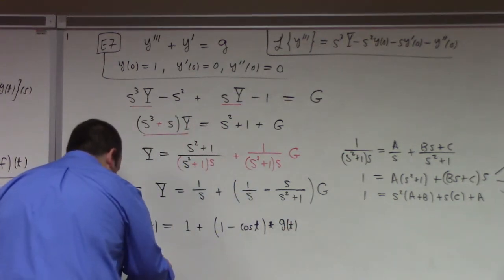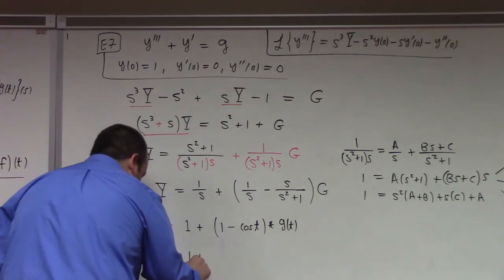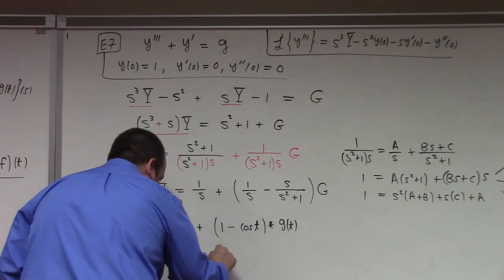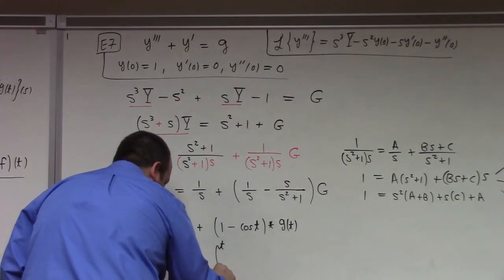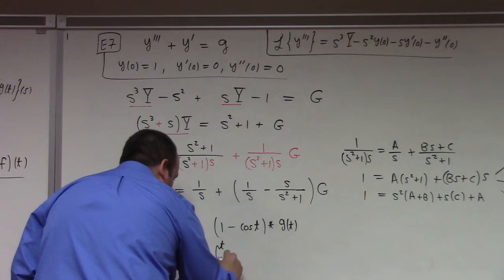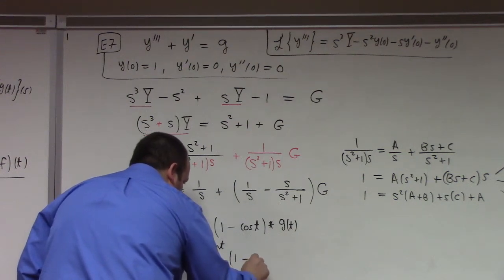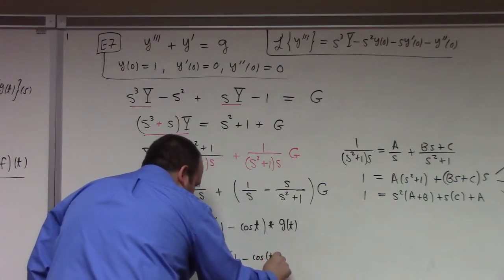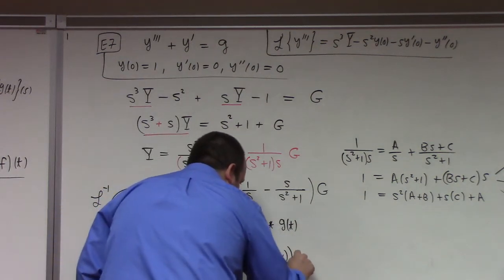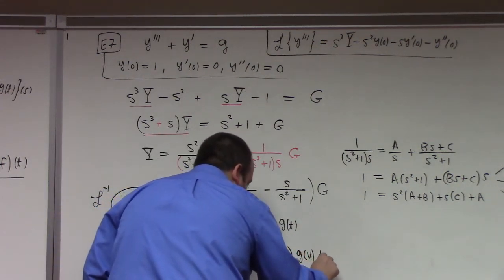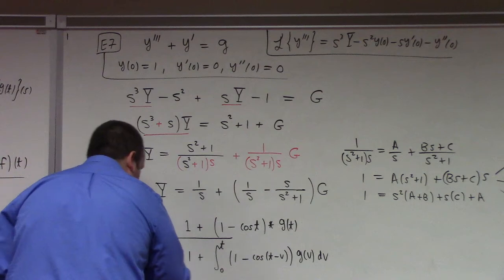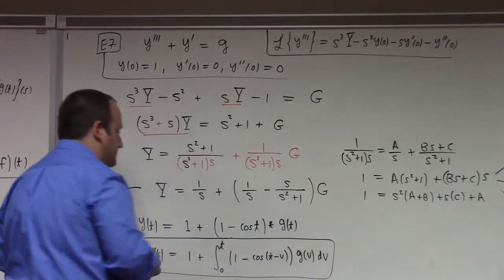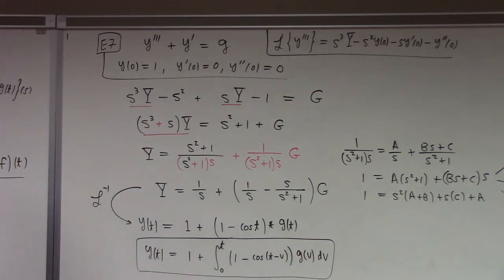So my integral solution is 1 plus the integral from 0 to t of 1 minus the cosine of t minus v times g of v dv. There you go. That's the integral solution to this problem. Any questions?